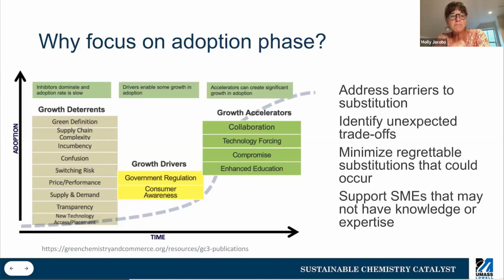So it's really important to address these barriers to substitution. It's not enough that we simply identify a safer substitute, but there are really important processes to go through and to support and to convene in order to maximize the ability of these substitutes to be implemented in processes and products going forward. Next slide.